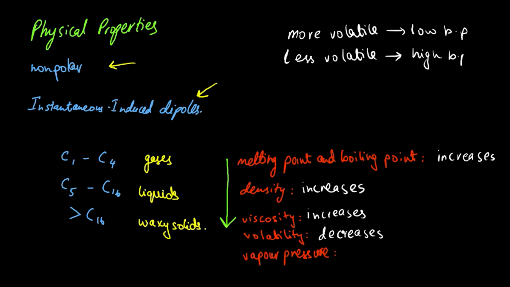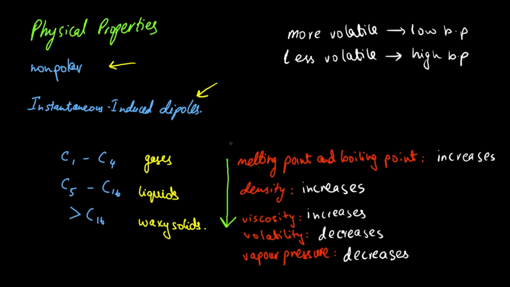And so we can see the pattern being followed in this alkane series. Now, what about vapor pressure? The pressure that is created by gases. Obviously, since ID-ID forces, instantaneous induced dipoles, are getting stronger, that means that the vapor pressure is decreasing because a gas is getting converted to a liquid which is moving on to become a solid. So these are the patterns that you see in these physical properties.